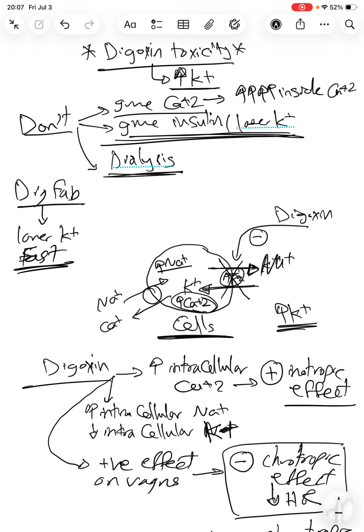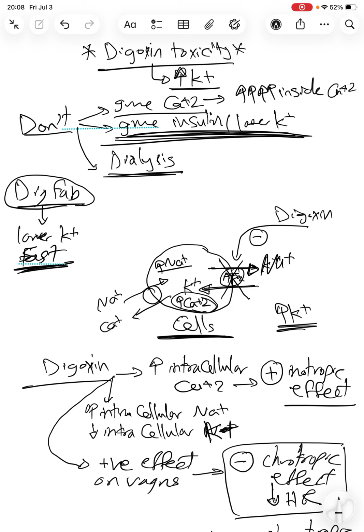So if it already lowers the potassium fast, and you give insulin and other medications that lower the potassium, it can go down very fast, and this can be dangerous. That's why we don't prefer giving any of these medications with the Dig Fab.